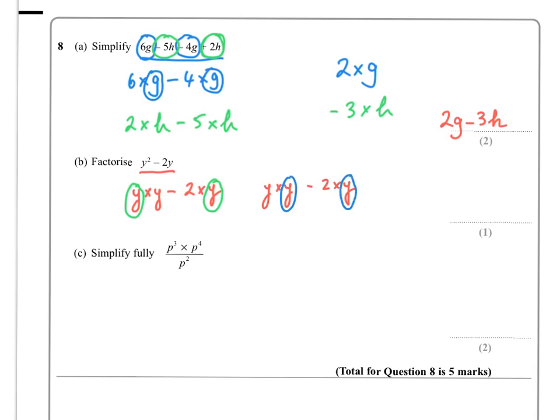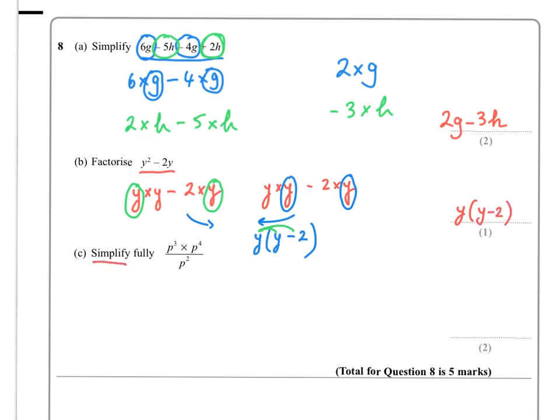Okay, so in either case it's fine. You're going to get from either situation here y coming out as a common factor, create your bracket, and then you've got y minus 2 left. And if you want to check, you can just multiply it out and say, right, y squared minus 2y. So the answer we're going to write down here is y lots of y minus 2.